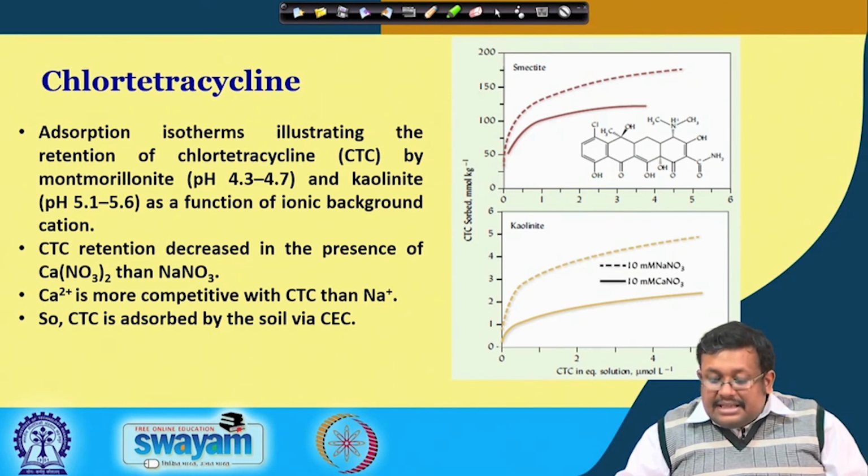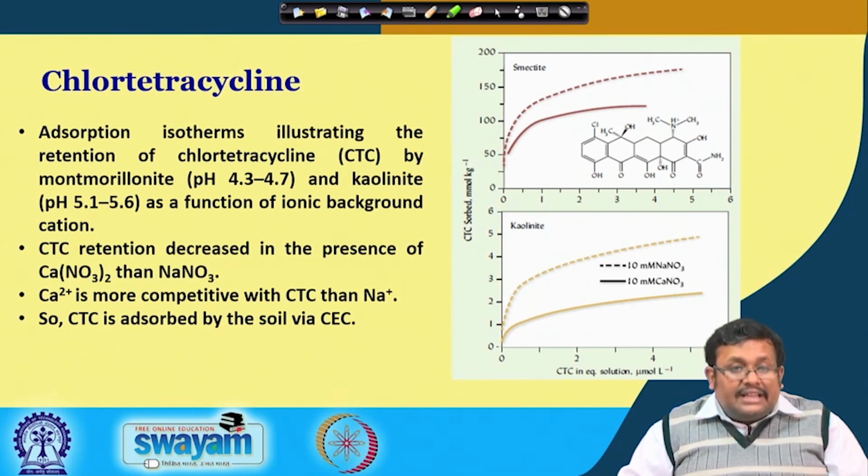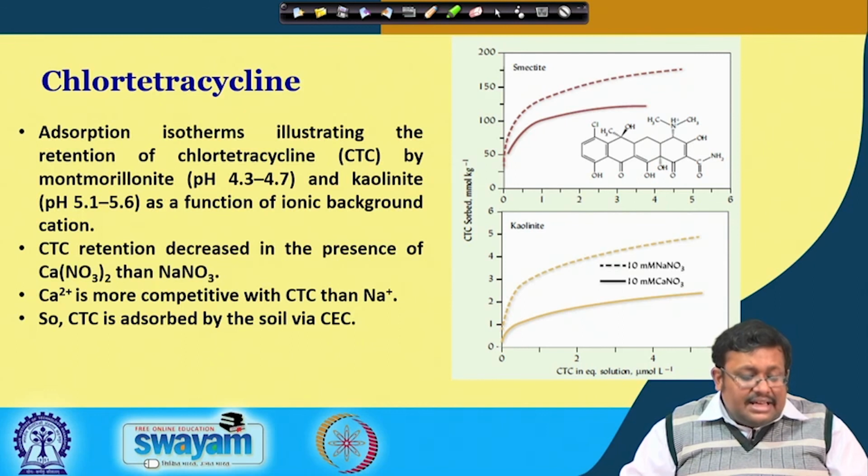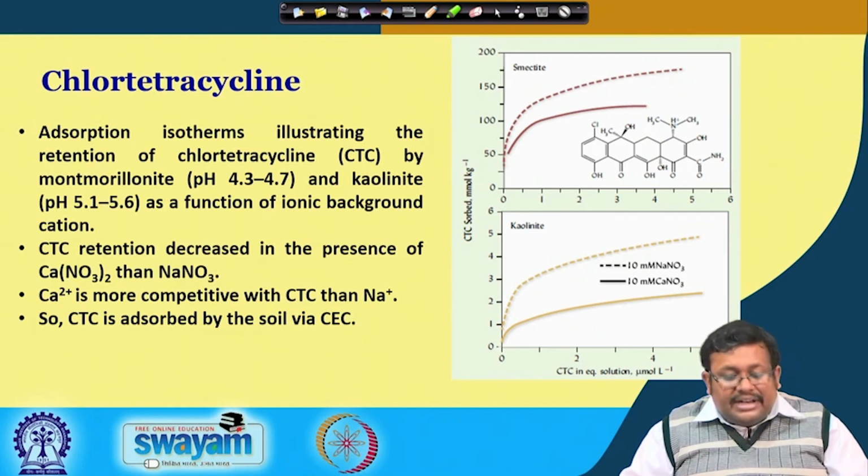So you can see the Montmorillonite, or smectite, is obviously showing more adsorption than kaolinite, and CTC retention decreases in the presence of calcium nitrate compared to sodium nitrate, obviously because calcium is more competitive with CTC than sodium.